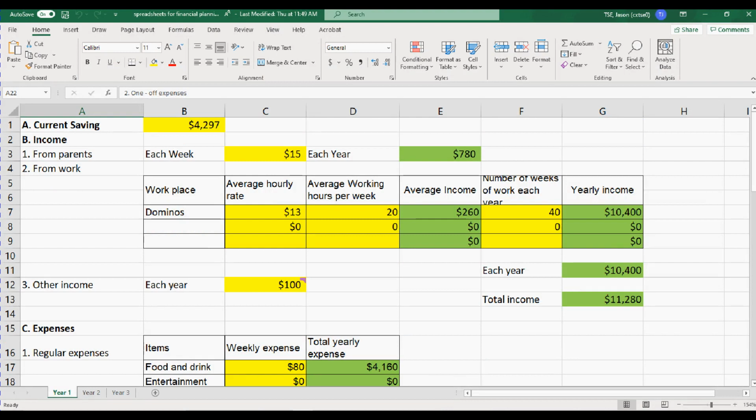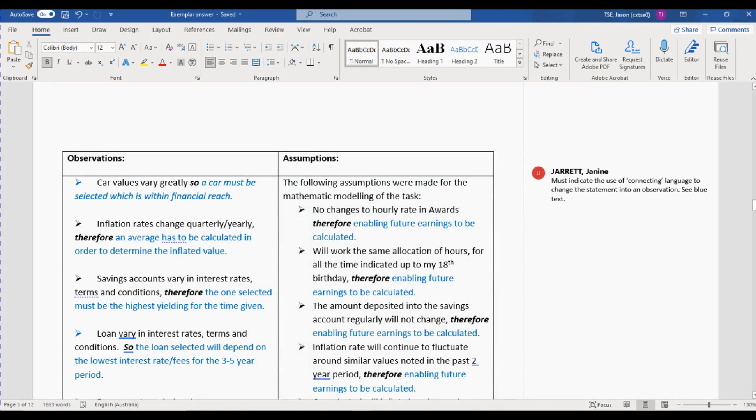So for example, in your case, all right, so for someone working at Domino's, his average hourly rate is $13, working for 20 hours, right? So those things actually have some underlying assumptions, because for example, how can you be so sure the average hourly rate is $13? How can you be so sure that you can work for 40 weeks each year, right? So these are assumptions. So how can we put it?